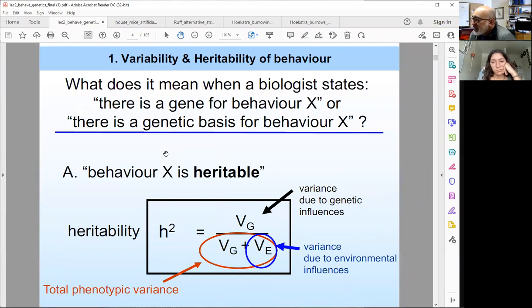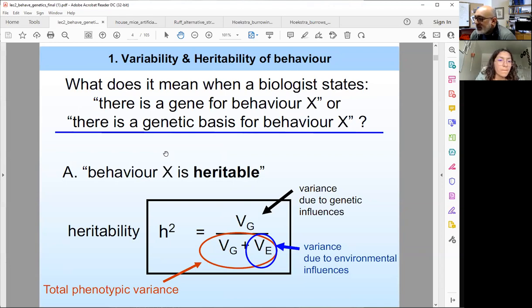Here's a question. What does it mean when a biologist states there is a gene for behavior X or there is a genetic basis for behavior X? How many times have you heard that something is genetic, right? So one answer is that behavior X is heritable.